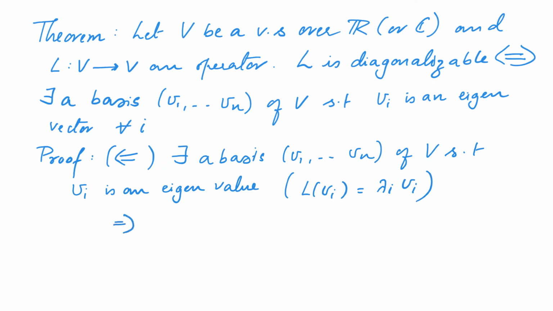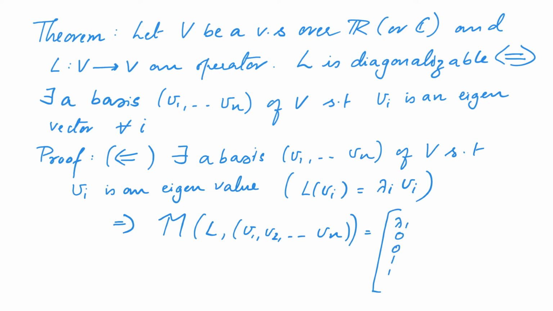Then we can show that the matrix representation of L with respect to the basis V1, V2, etc. up to Vn is the diagonal matrix lambda 1, 0, 0, 0, 0, lambda 2, etc. and finally 0, 0, 0, 0, lambda n. And thus we have the other side as well. This completes the proof of the theorem.